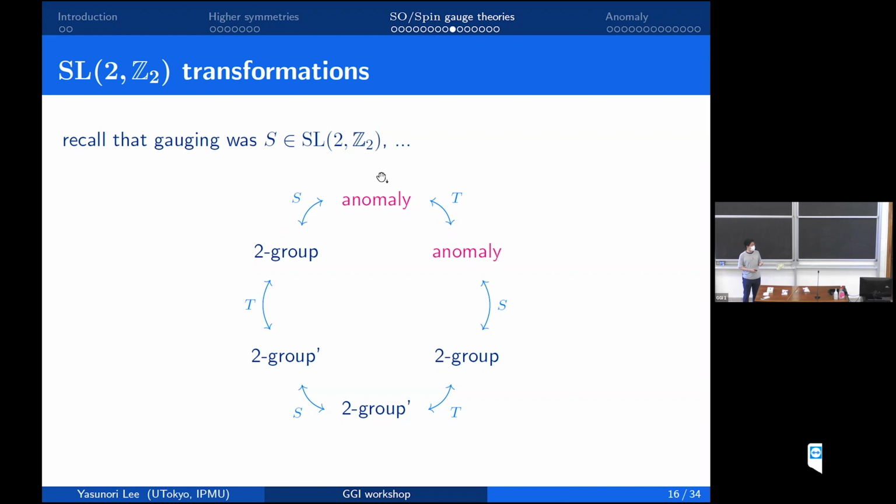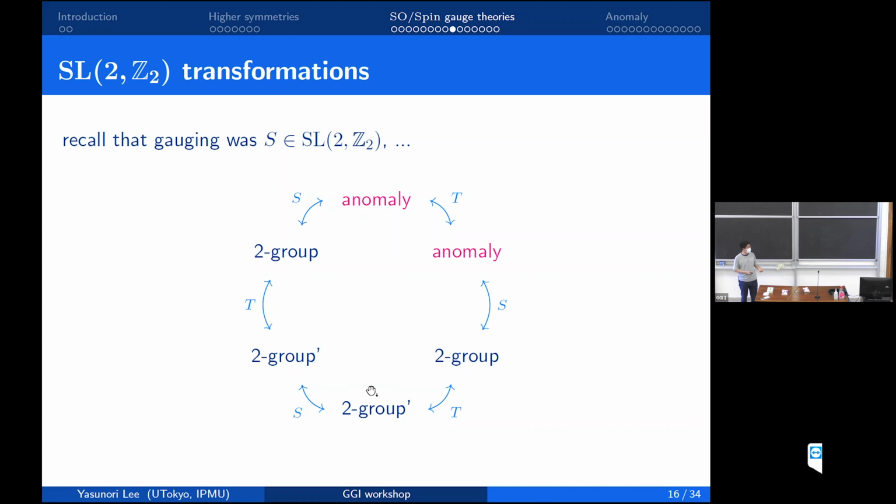So if you start from theory with mixed 't Hooft anomaly between zero-form and one-form symmetries and gauge the one-form symmetry, you go to theory with two-group symmetry, while adding a discrete theta term does not affect the anomaly. While adding a discrete theta term to a two-group symmetric theory, you get a theory with two-group symmetry with a different cohomology class, as you asked.